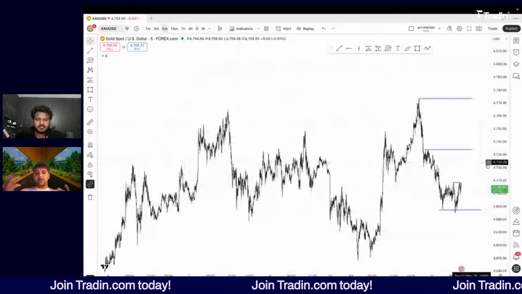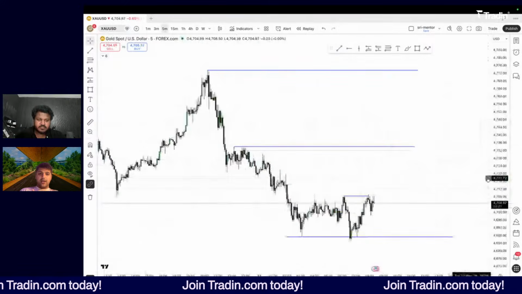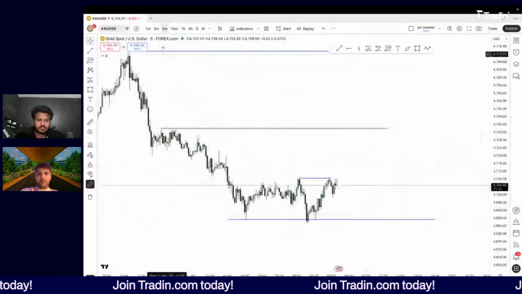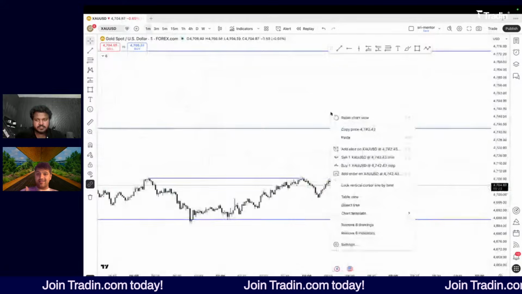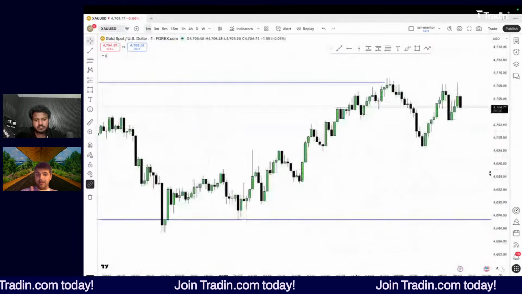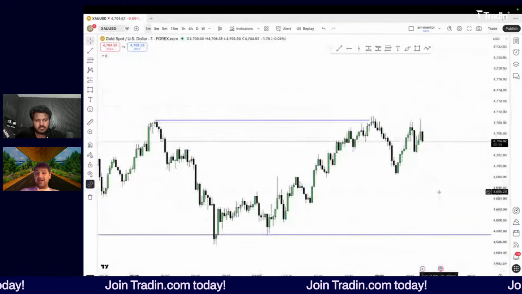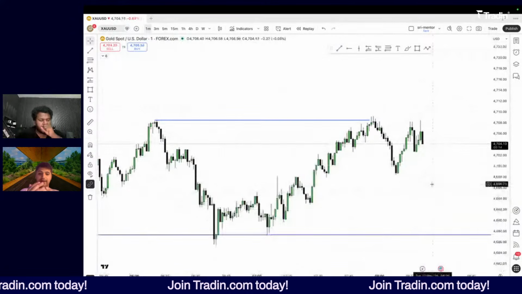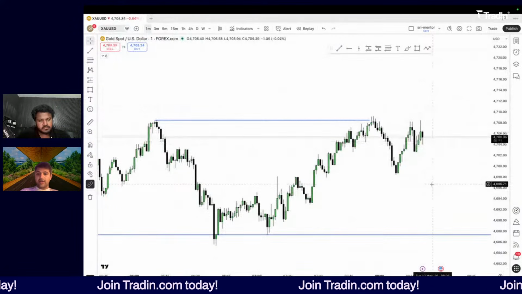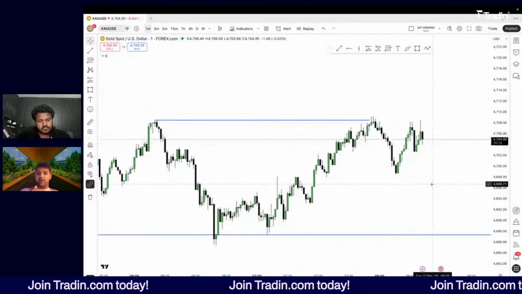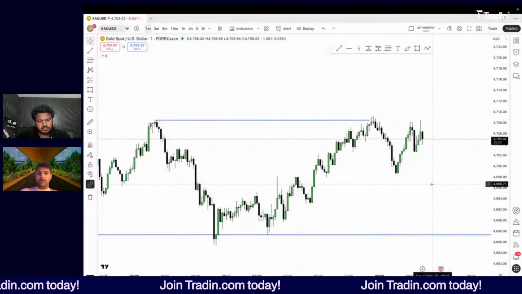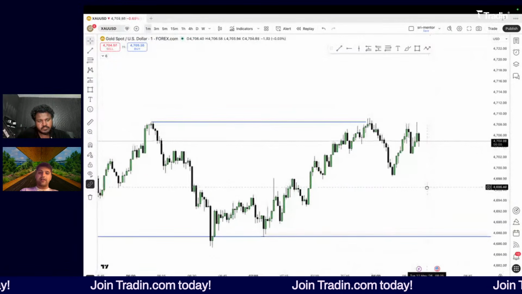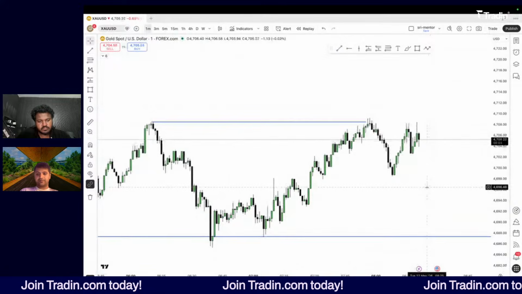At the same time, it's very good because if gold drops to 4650, 4680, 4670, I'm also looking for buys at the bottom. It's not that it's going to drop and keep dropping. If it goes down, that will be an opportunity for me to buy gold because in the longer run it's a safe haven and it will continue going up.